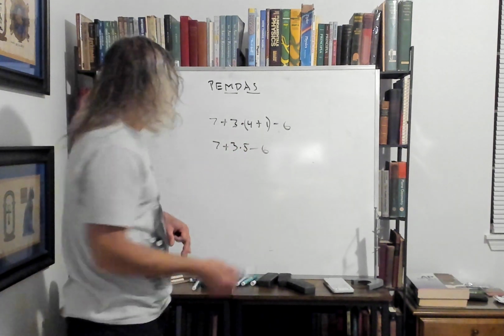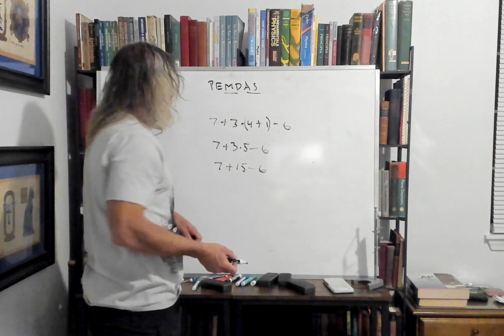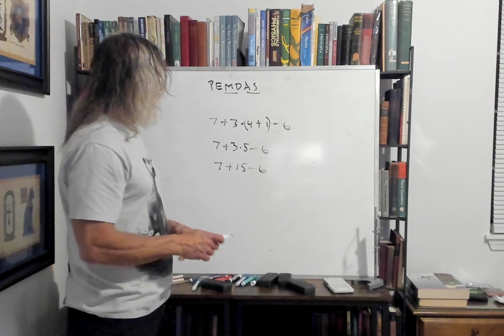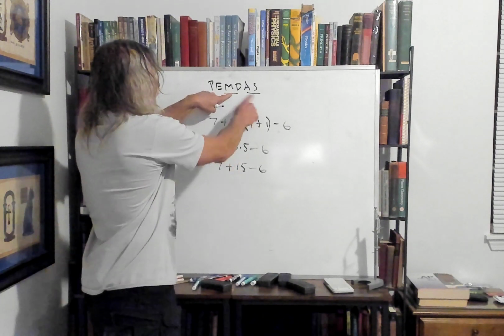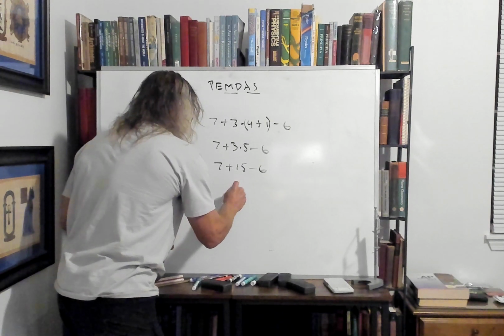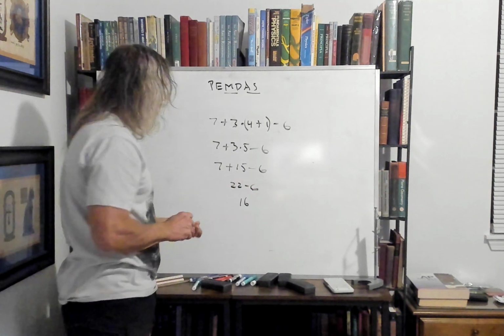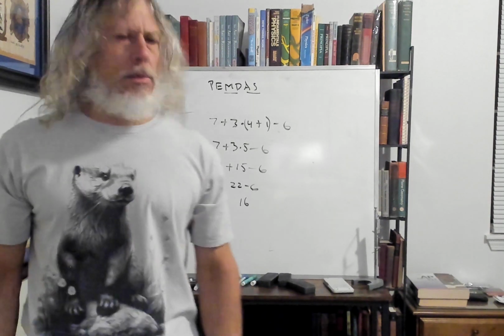Multiply before anything else. 7 plus 15. Then we just have addition and subtraction left. Go from left to right. So here, again, we had this. Multiply and divide first before these. Did that. Now, left to right. 22 minus 6, 16. All right, there are some order of operations basics, and I'll do others in the future.